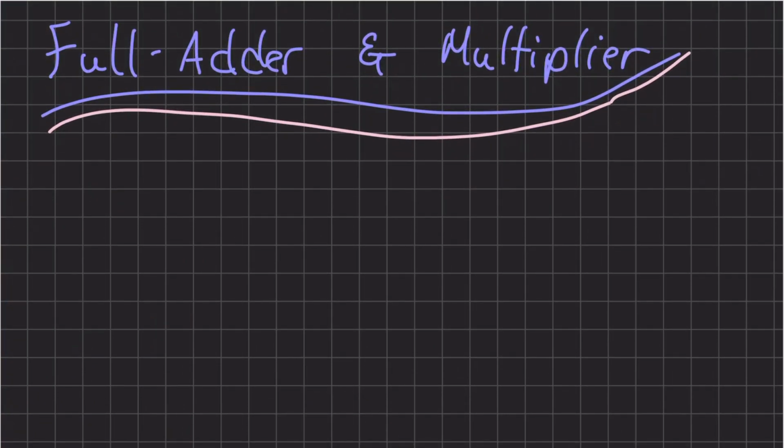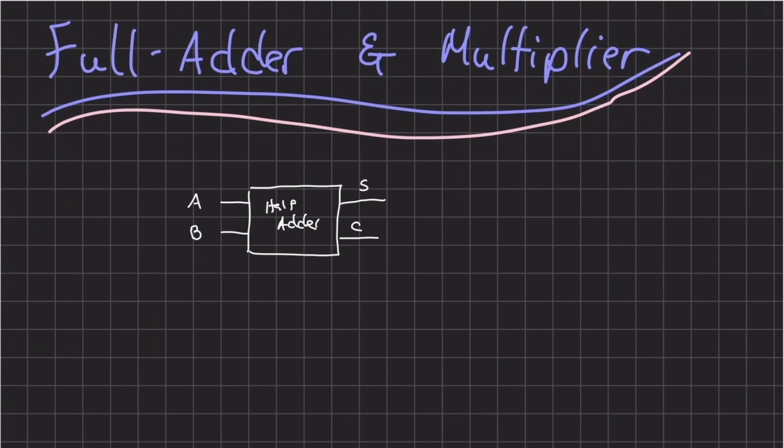Okay, so what we did essentially is a half adder. If we have a signal A that is 1 bit, and a signal B that is 1 bit, I want to know what is the sum of those 2 bits and is there any carry.